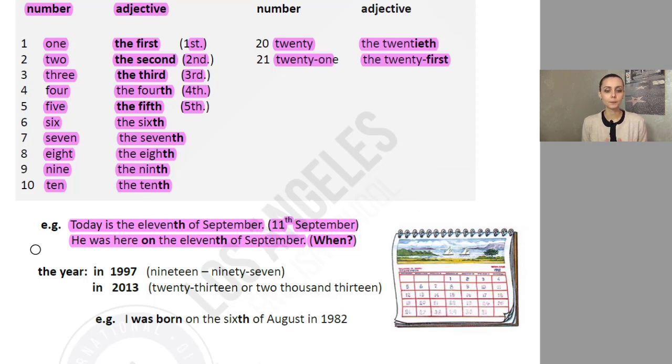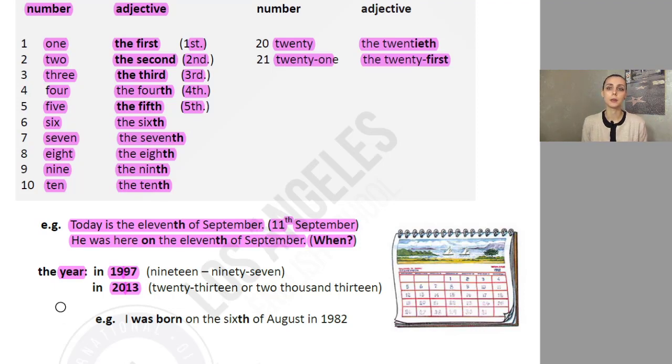Okay, great job. So now let's move on to saying the year. In English, when you say the year, normally you divide the year into two parts. For example, 1997, or 2013, and with the year you will use the preposition in.